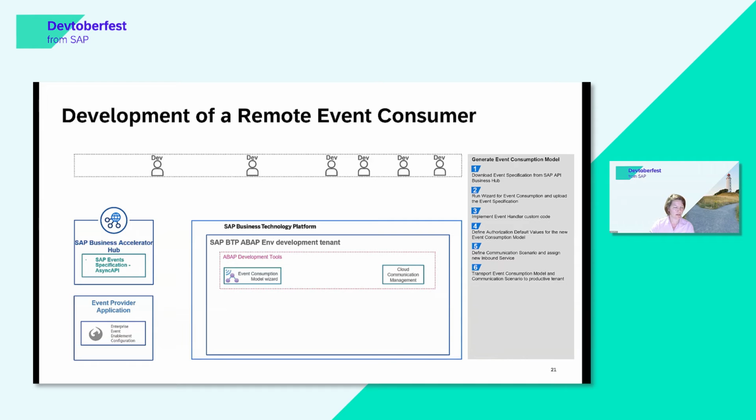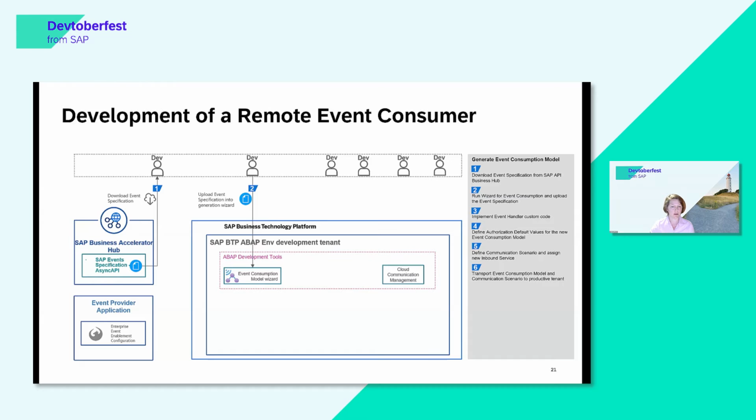Jens mentioned that the metadata can be found on the event provider application, which he has shown us, or on the Business Accelerator Hub. So we need to download the event specification from there. Then we have to go into our development system and use a wizard, which we have prepared for that use case. This wizard imports the specification as it is in a file.